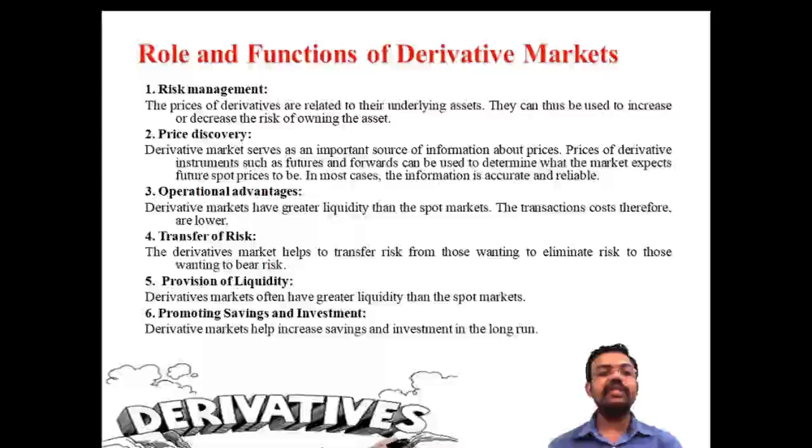The derivative market helps to increase savings and investment in the long run, that means sacrificing present consumption for the future. And these are the important roles and functions of the derivative market: risk management, price discovery, operational advantages, transfer of risk, provision of liquidity, and promoting savings and investments.